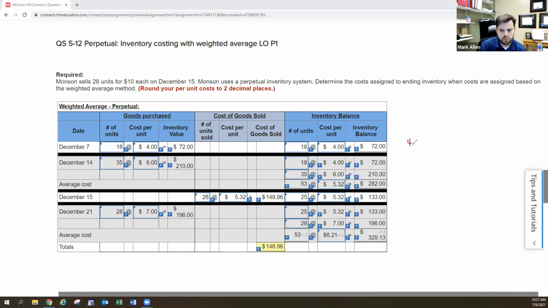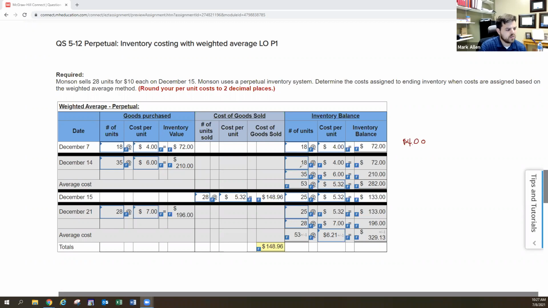Well, sure, but the average would just be $4. We've only got one layer of inventory. It was all at $4. So it doesn't really make a lot of sense to actually compute a separate average here because of how simplistic it would be. So instead, we wait till the second row to actually compute an average. And we see here on the 14th of December, we bought 35 units at $6, which is $210.